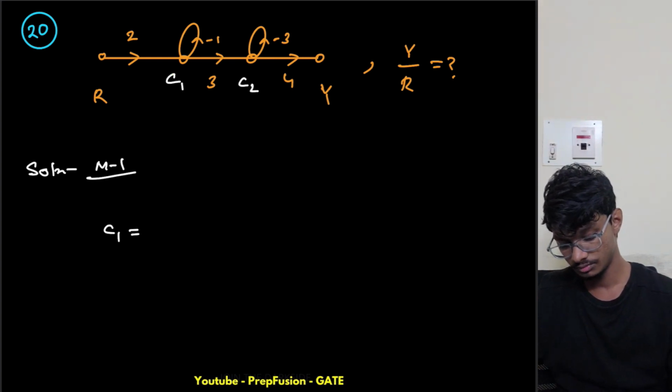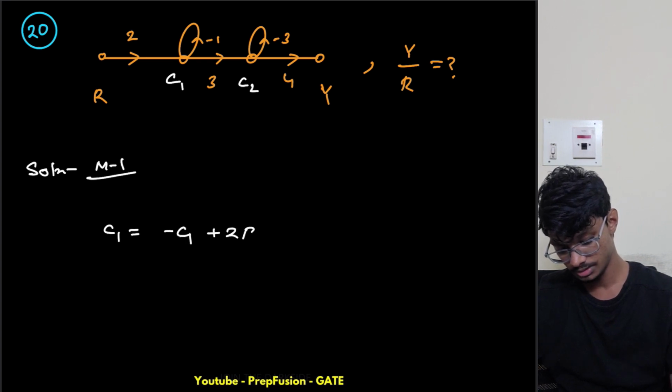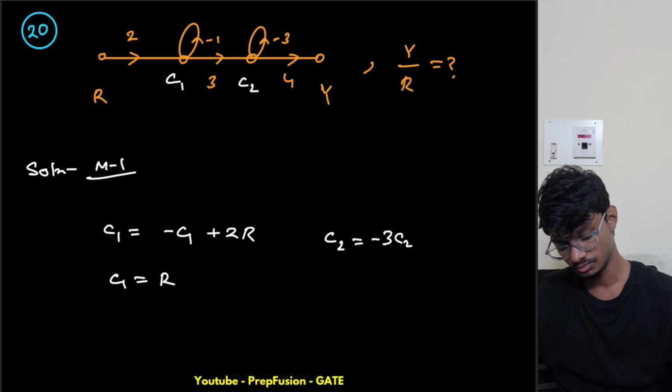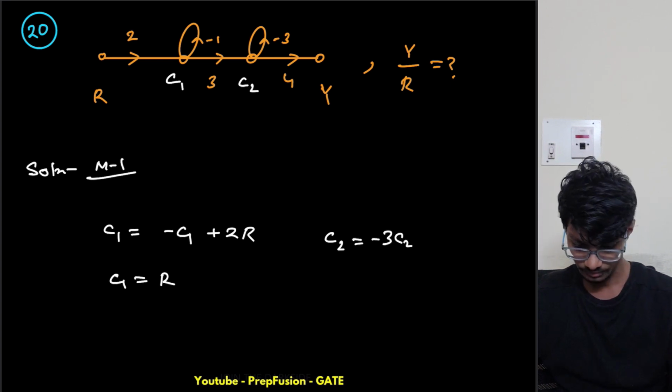So C1 equals minus of C1 plus 2 times R, so C1 equals R only. Now C2 equals minus of 3C2 plus 3C1.